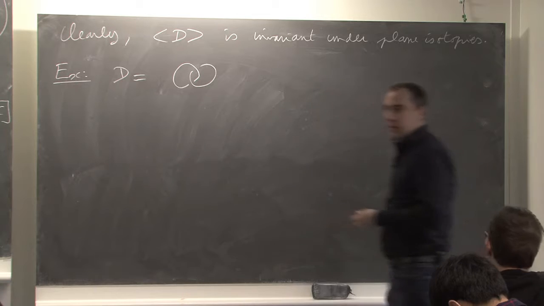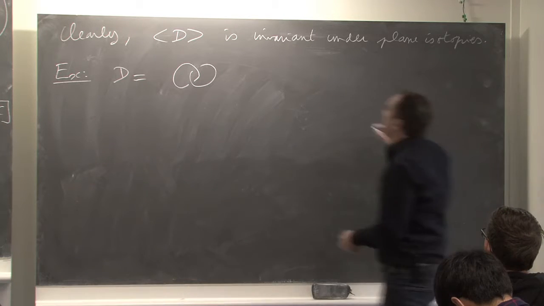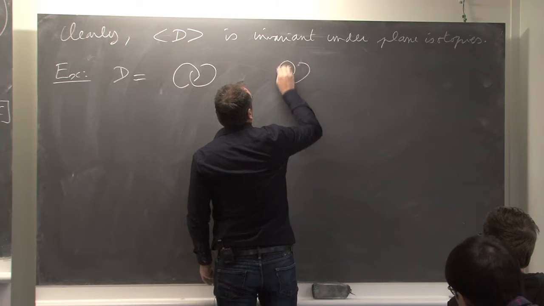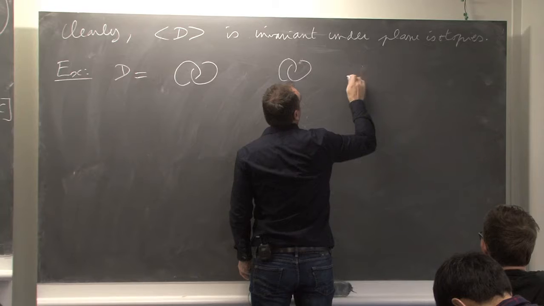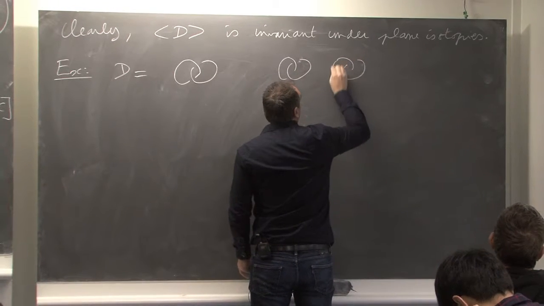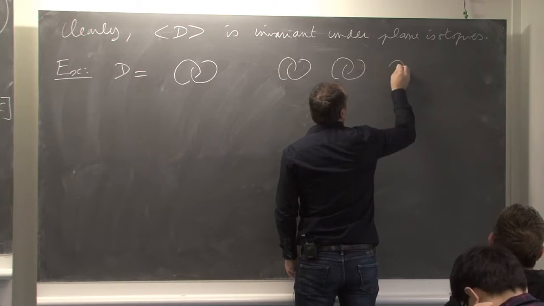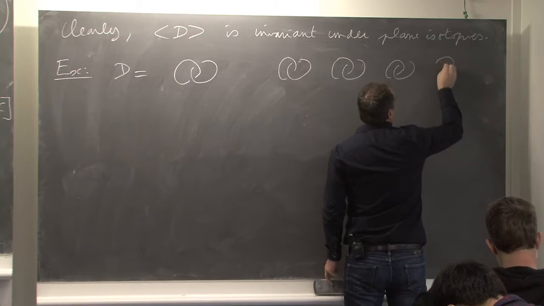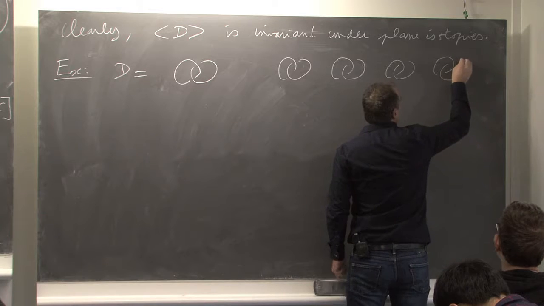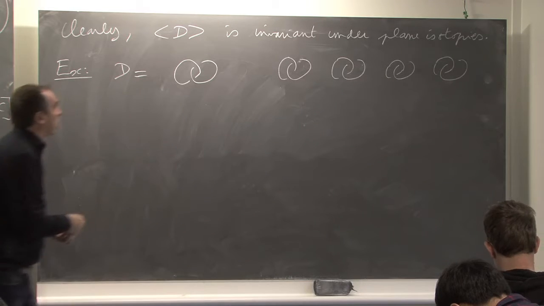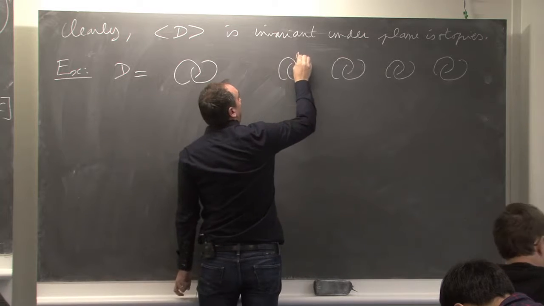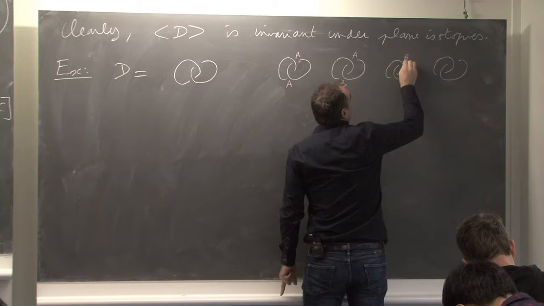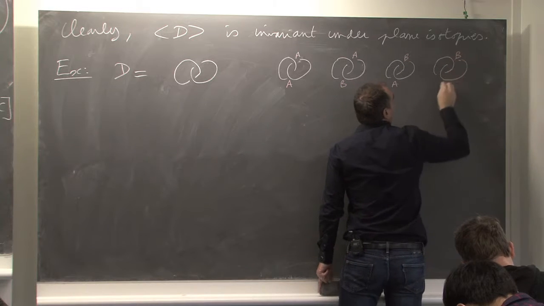So there are 4 states for this diagram. So AA, AB, BA, and BB.